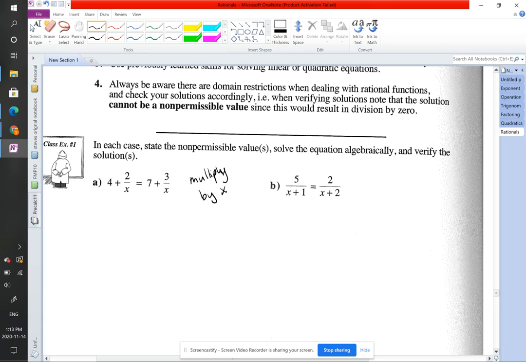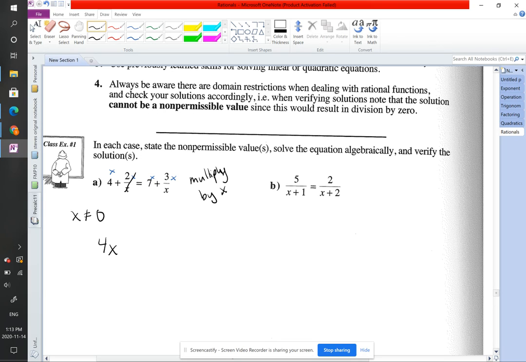Before we do anything, we want to say that our non-permissible value here is 0, right? x can't equal 0 because then we would get a 0 in the bottom and we'd be dividing by 0 on 2 accounts, and we just can't have that. So now if I multiply everything by x, you're going to see that we can rewrite our equation as 4x.